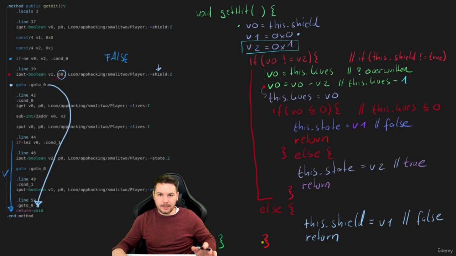So let's see what this code does and how we get an advantage out of this. Let's recap this first. We've got our player object over here, and this player doesn't start with a shield. If we get hit by a shot, for example, we lose a life.